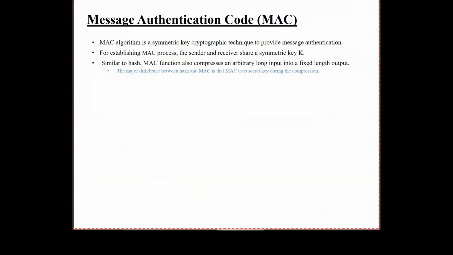What about the message authentication? The message authentication is almost the same. Basically, the MAC is a symmetric key cryptographic technique. This is the first thing that you need to remember. What does it do?